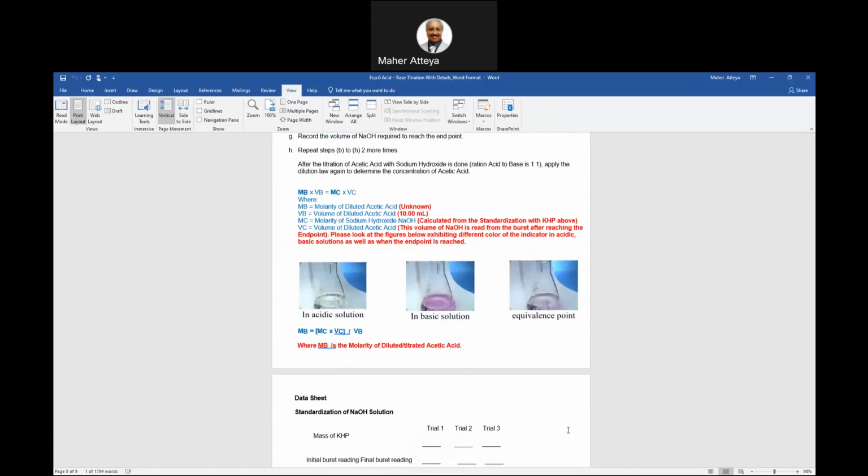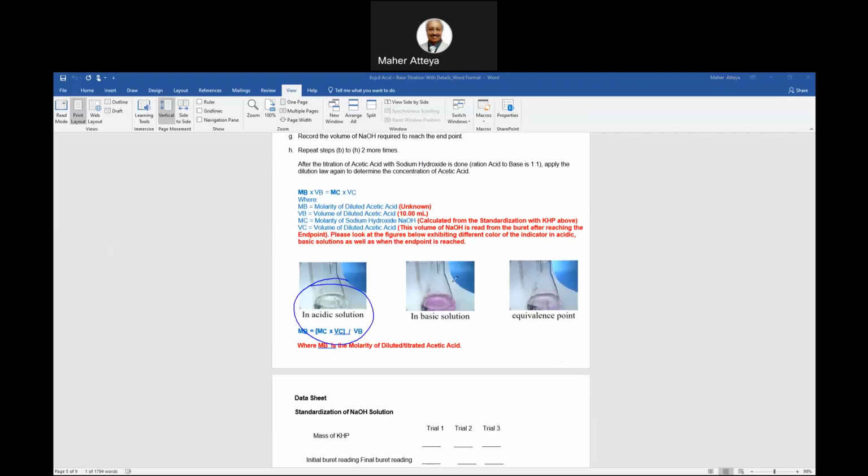In acidic solution, phenolphthalein is colorless.